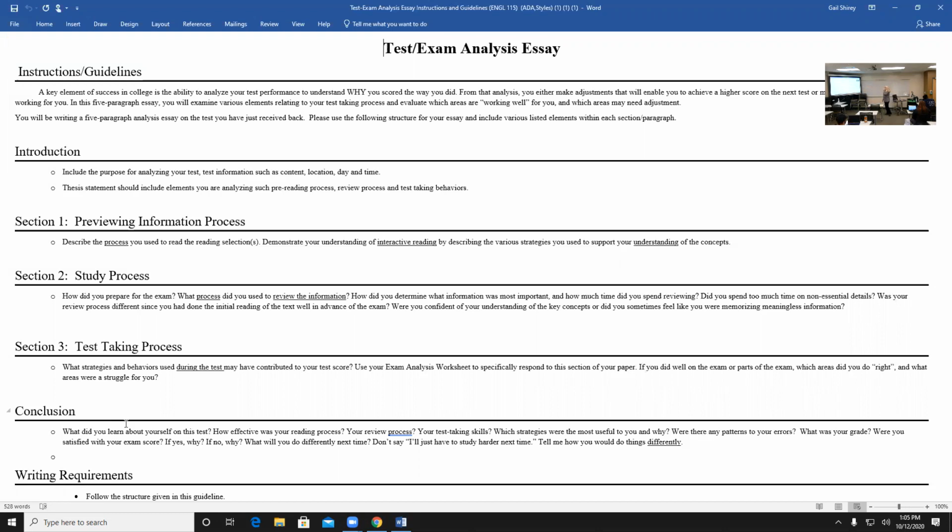Remember, I don't want to see in here, I went back and I reread the chapter. Why should you not say that? Because reading isn't studying. Reading is not studying. You read to understand.